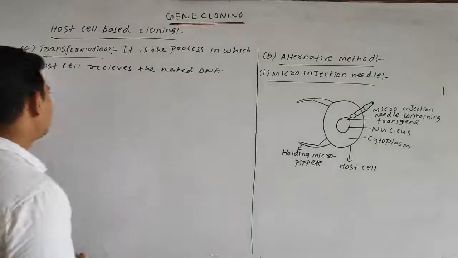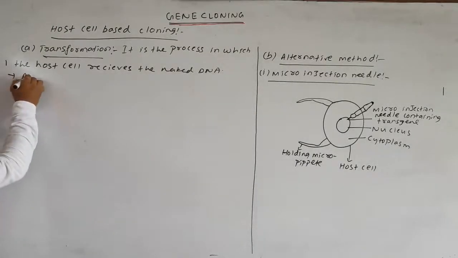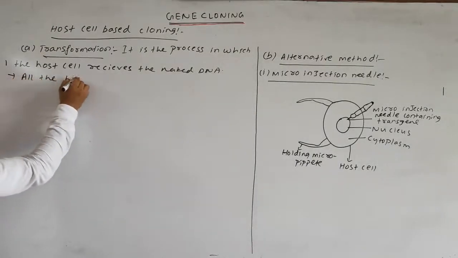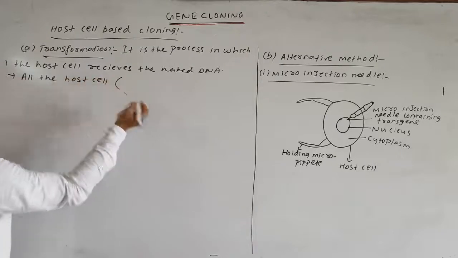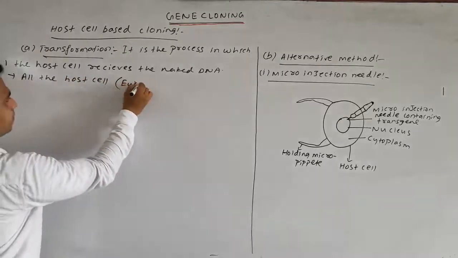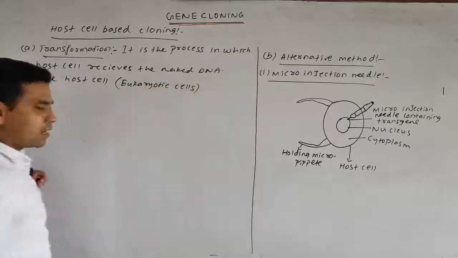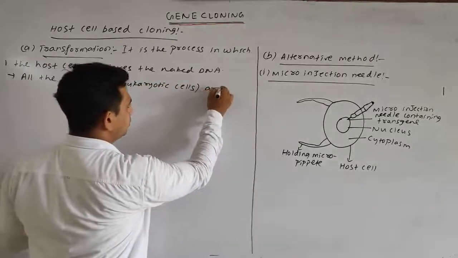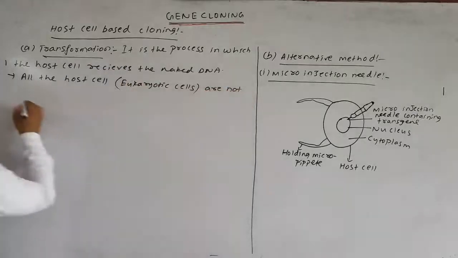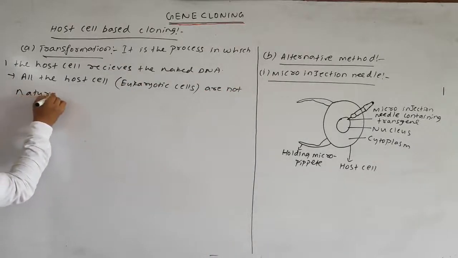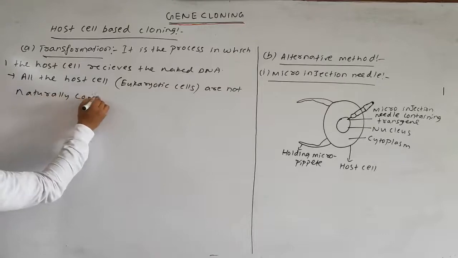First, we'll write: all the host cells, or we can say the eukaryotic cells, basically, are not naturally competent.